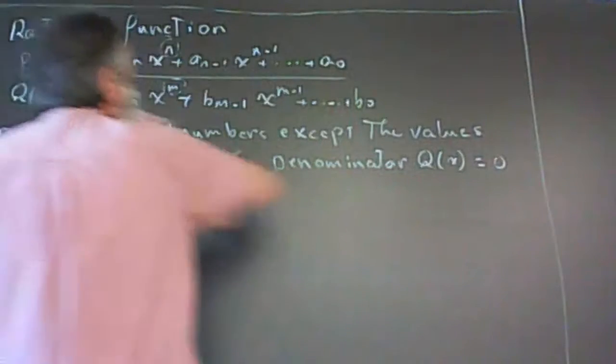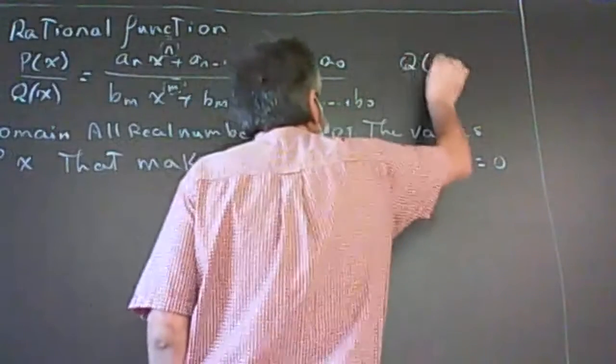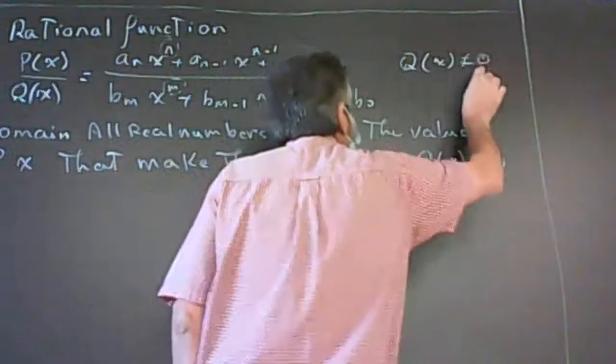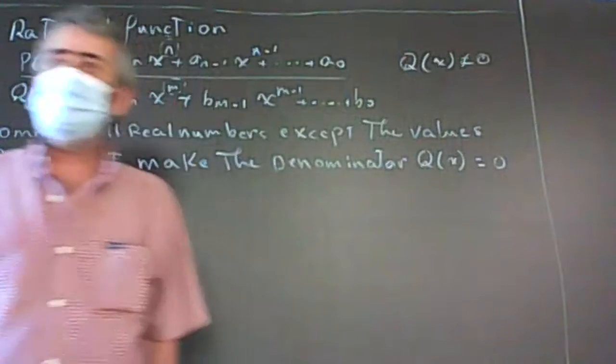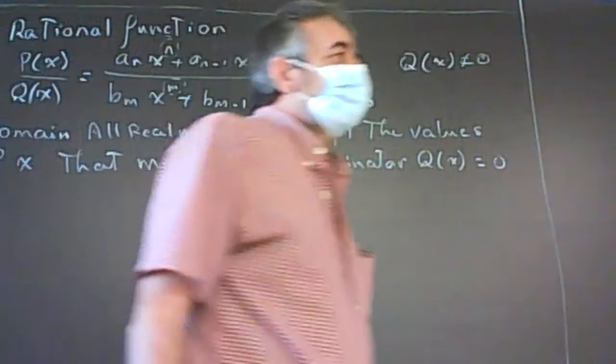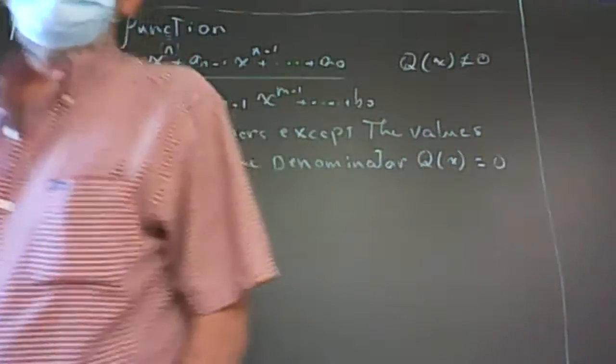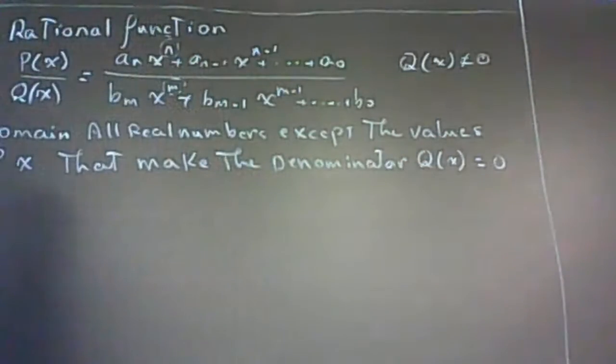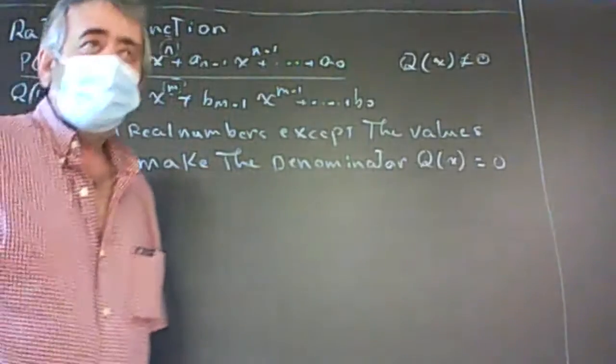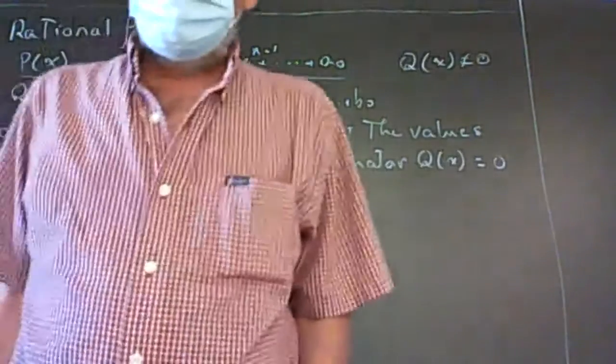So again, the condition is q of x not equal to 0. Anytime you're dividing by a number, that number should not be 0. If you divide by 0, you get undefined.